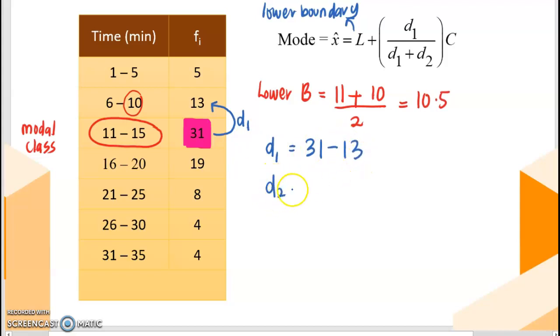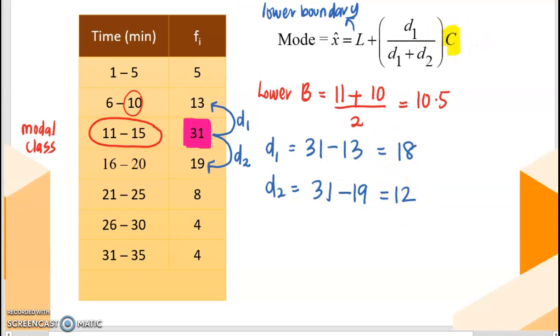For D2, the difference between the highest frequency with the class after. So this one will be D2: 31 minus 19. So we calculate our D1 and D2: 18 and 12.